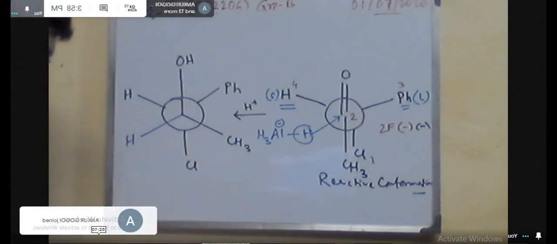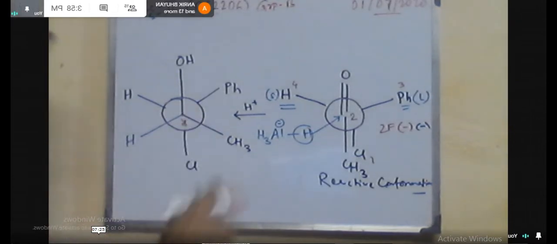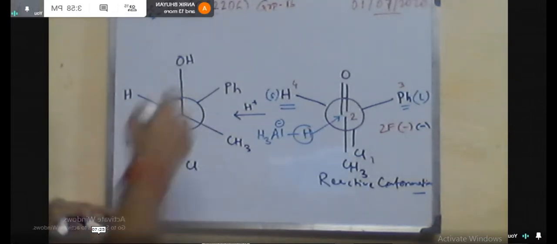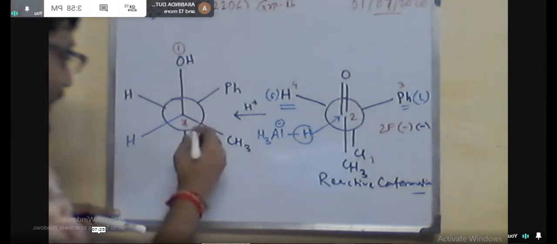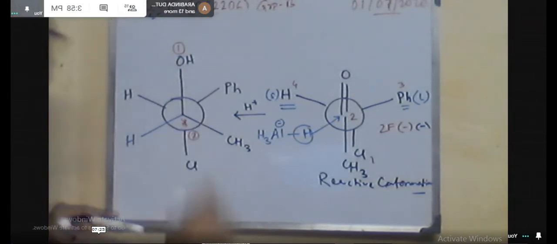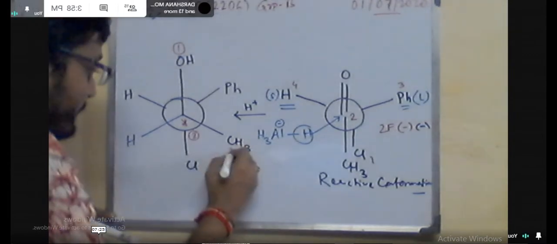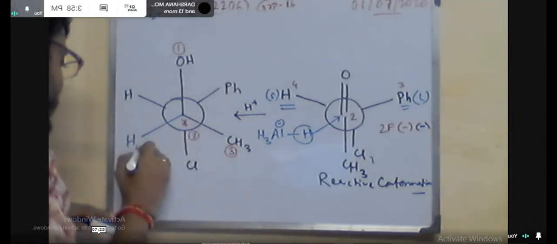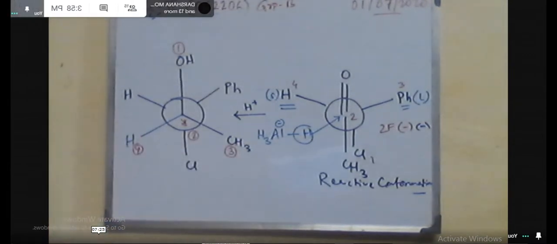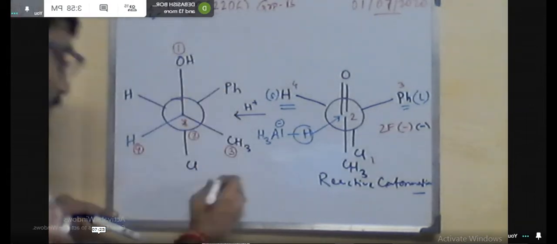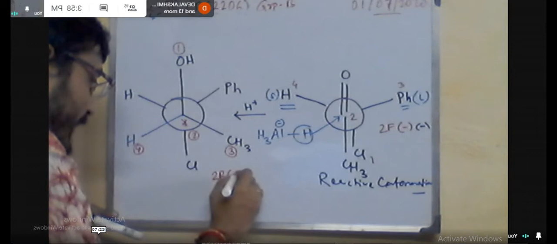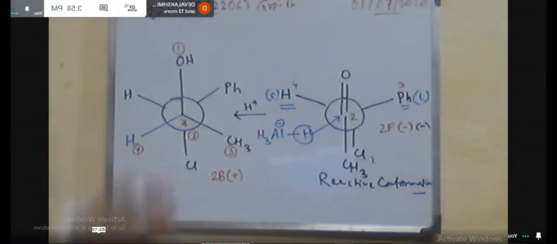So in this case, when you draw the flying wedge projection or the zigzag projection from this Newman, you will get it this way. This is our substrate, pH, and here you will get the configuration S, and our product is just the reduction of this bond.